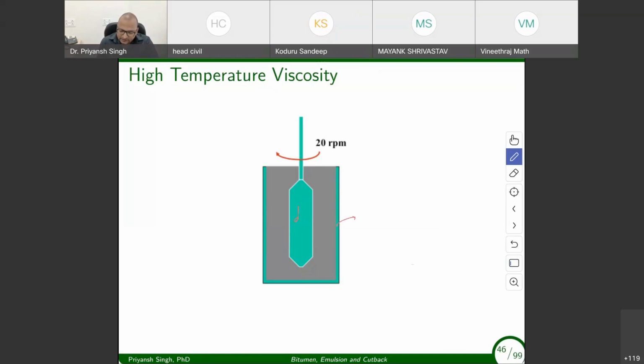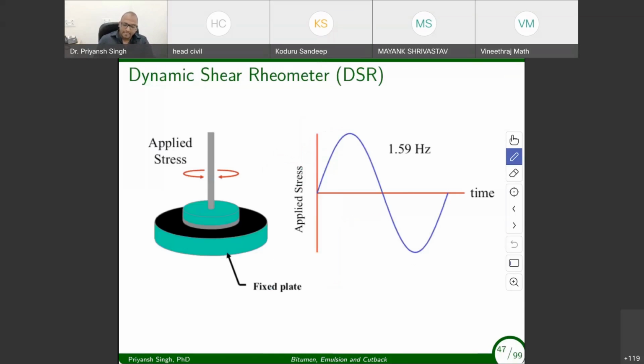The spindle is lowered and rotated at a constant speed, maybe 20 RPM or anything else. In order to rotate this spindle inside the measuring cylinder, we require some amount of torque. That torque required is proportional to the viscosity of the binder. That's how the rotational viscometer gives you the value of viscosity.